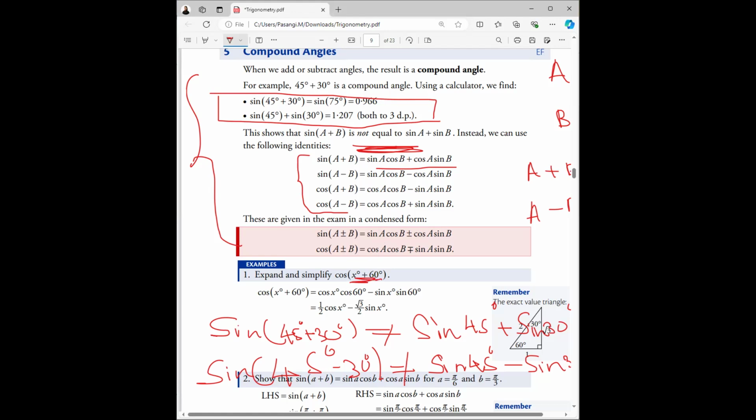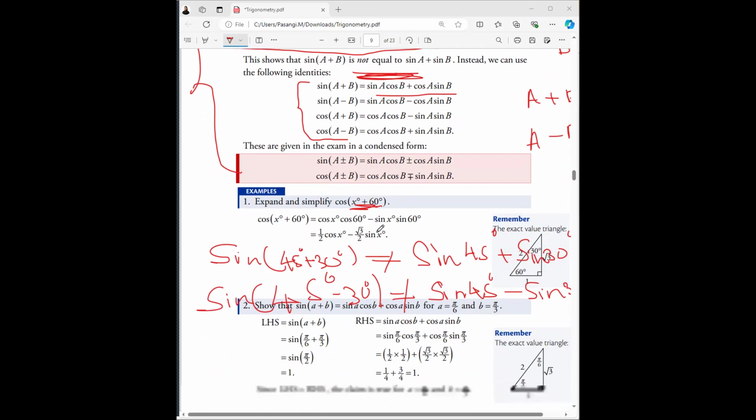And sine 60 means square root 3 over 2. Then the final expanded expression would be half cos x minus square root 3 over 2 sin x. Is it clear for the compound ones?